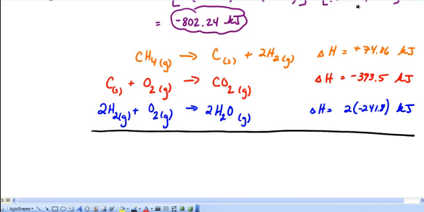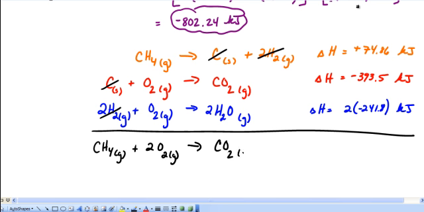And now if you add this thing up, watch what happens. The carbons cancel. The hydrogens cancel. And what you're left with is methane gas plus 2 oxygen gases producing CO2 gas plus 2 water vapors.